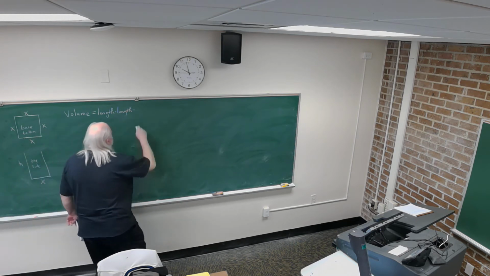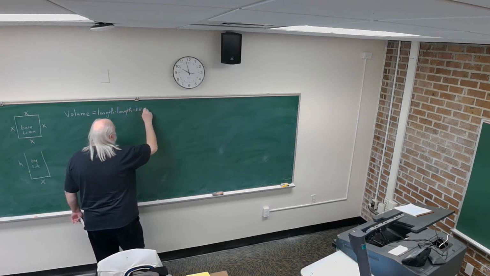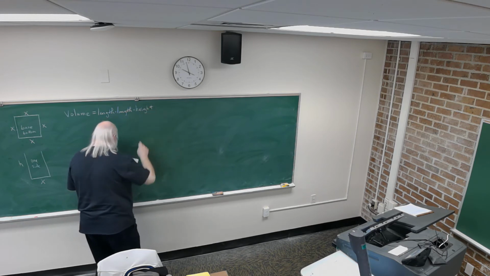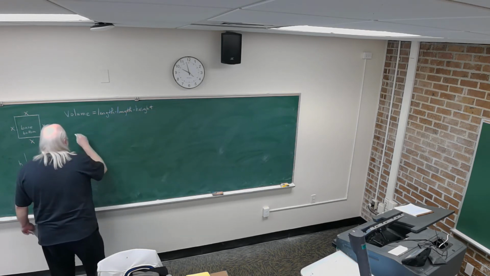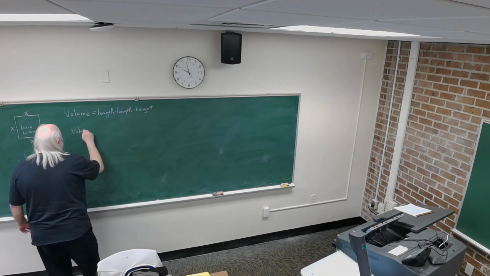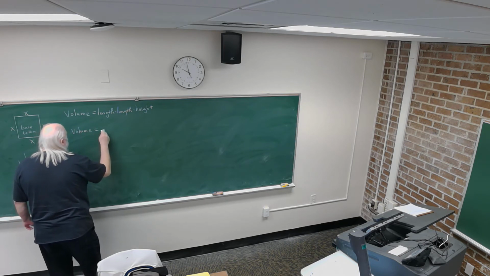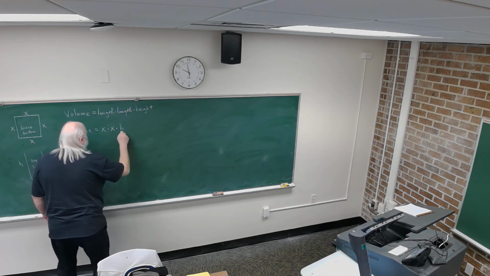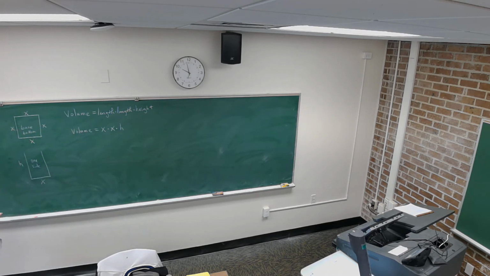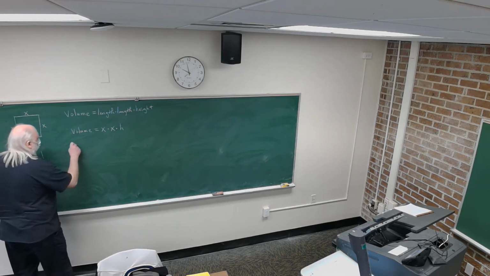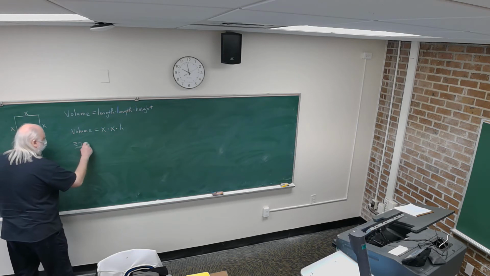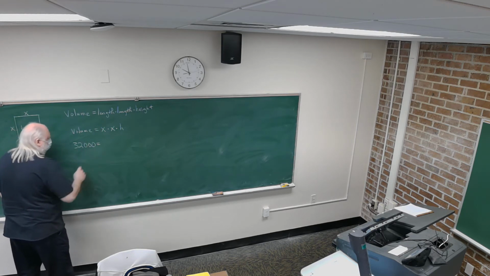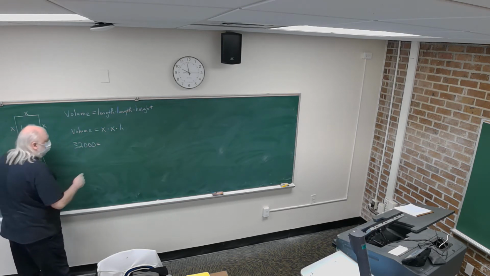And then we have the height of the box, which is different. So the length is x and the height is h, so the volume of the box is x squared times h. And the volume of the box is fixed, 32,000 cubic centimeters.